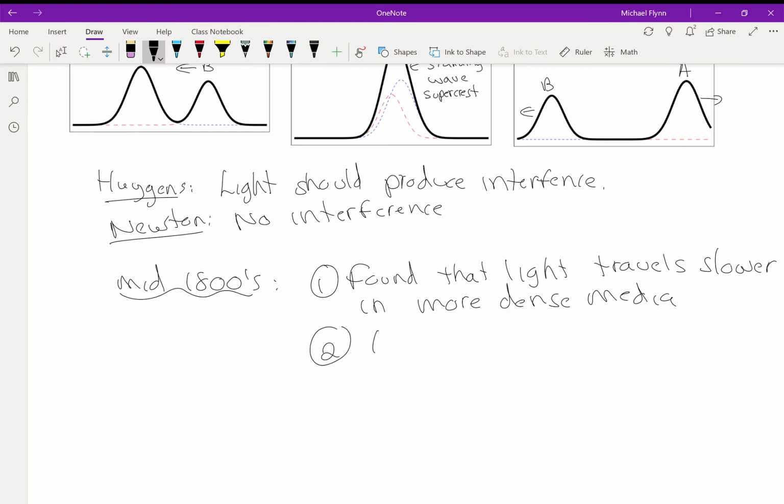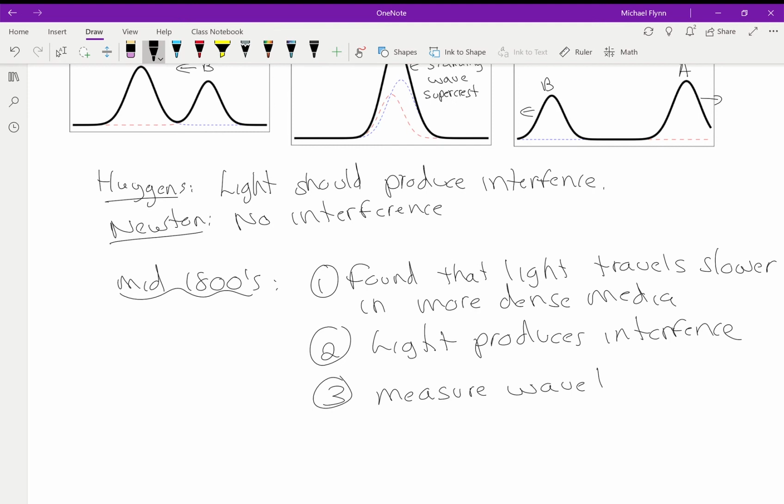Two, light produces interference. They figured out how to do a repeatable experiment where they could see the interference of light waves. And in fact, they used it to measure the wavelength. Three, they can measure the wavelength of light waves.